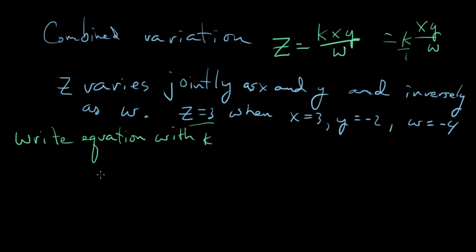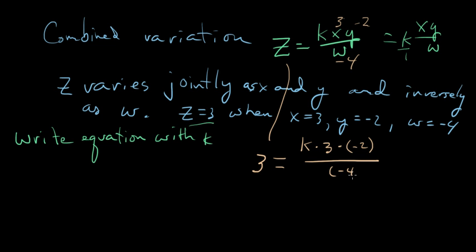So z equals 3. Z is 3, okay? When x is 3, and y is -2, and w is -4. So 3 equals k times 3 times -2 over -4. Now, if I simplify this, I should be able to find k. K is just one variable, so let's try getting rid of the fraction first. Multiply both sides by -4.